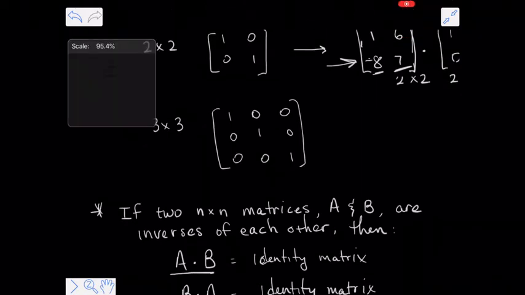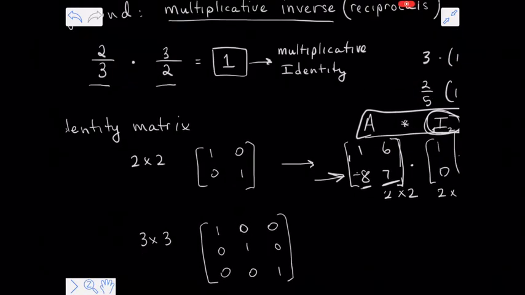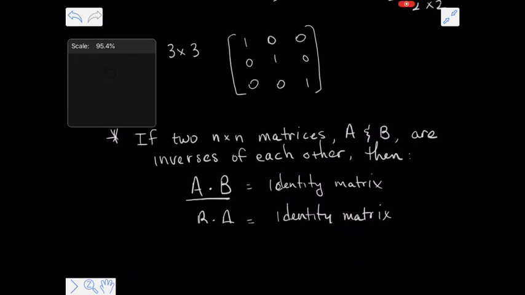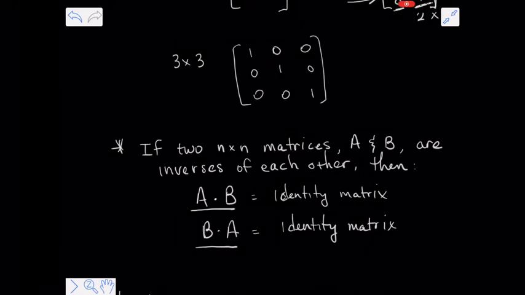It's like what we did up here: a number multiplied by its reciprocal is equal to the multiplicative identity. If two matrices are inverses, then A times B is going to equal the identity and B times A is going to equal the identity.